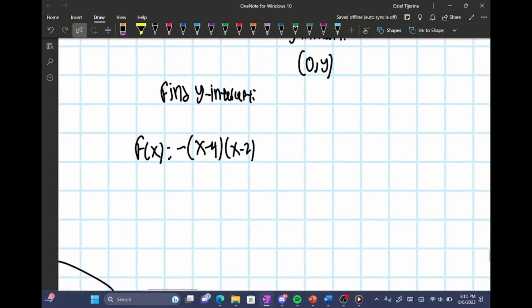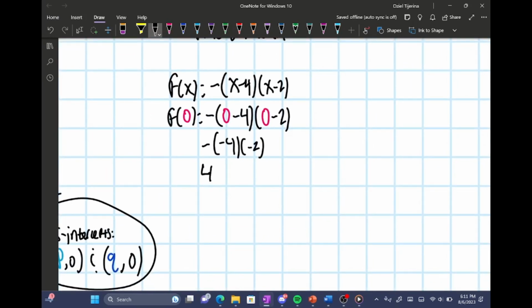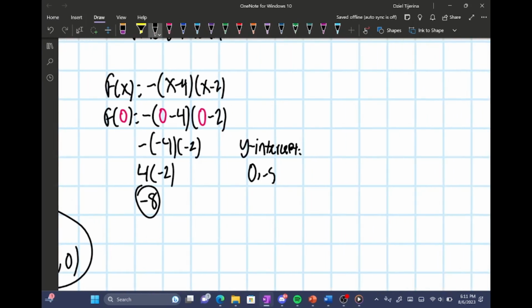So in this case, we would say f of 0. We want to make x equal to 0, so we're going to do negative the quantity 0 minus 4 times 0 minus 2. So we're going to do negative of the quantity negative 4 times negative 2, which is positive 4 times negative 2, which would be negative 8. So we know that our y-intercept for this function is going to be at 0, negative 8.